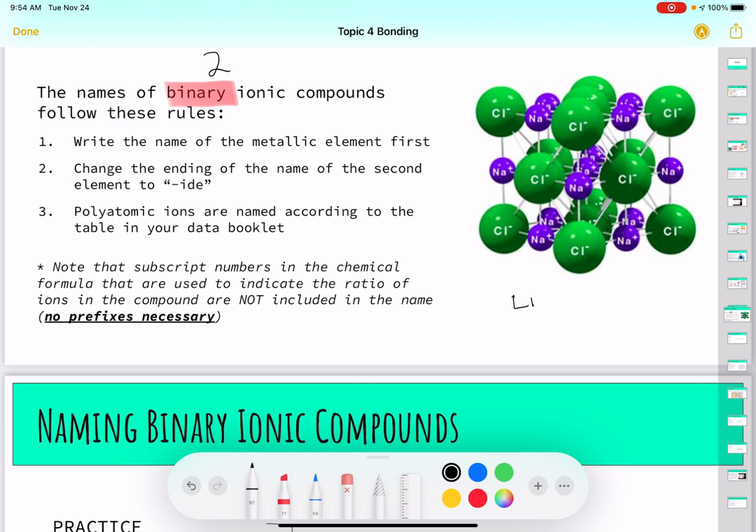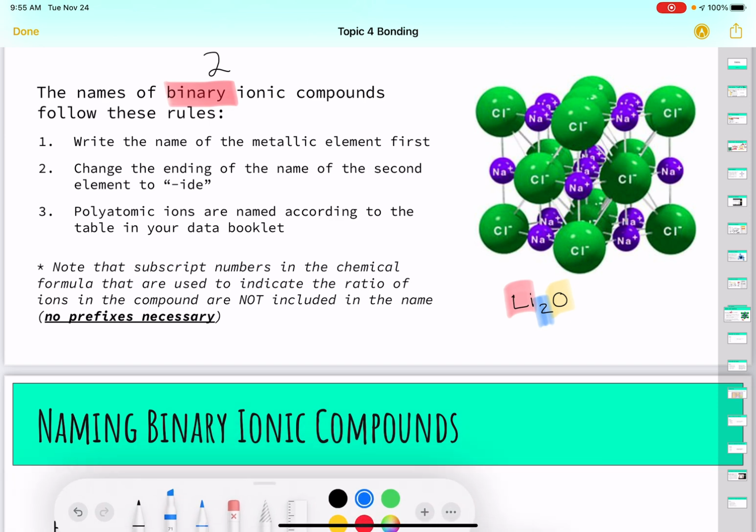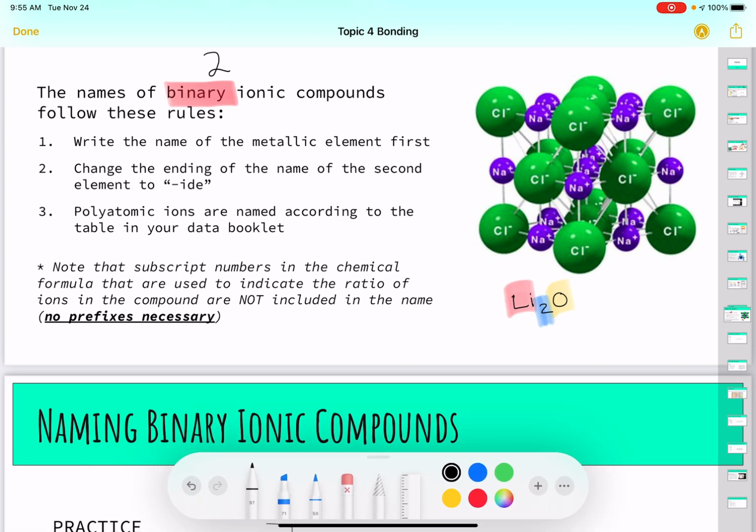How about Li2O? If we were going to name that, we would look up the name of Li and the name of O. And this number here does not affect it; we don't need to use prefixes like we did in the past. Using these naming rules, we name the first element, Li, which is lithium.